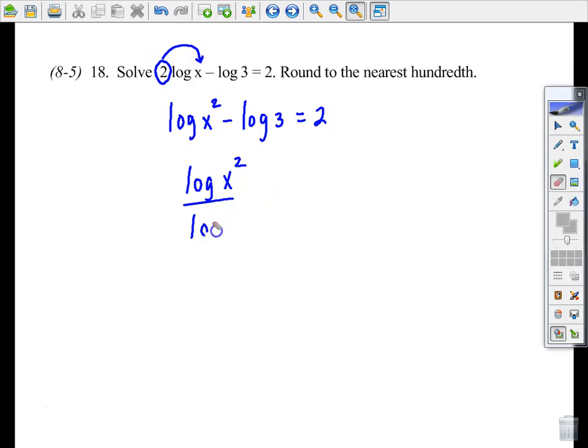Now that was terrible. That was not good. Here's what we need to do. Log, single, of the fraction x squared over 3 equals 2. Kind of defeating the purpose of writing a single log if you're writing two different logs in the fraction.